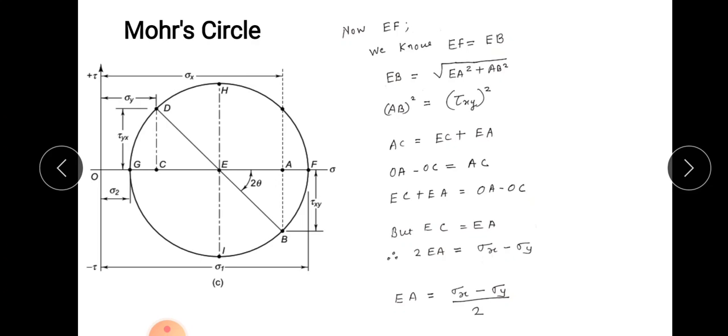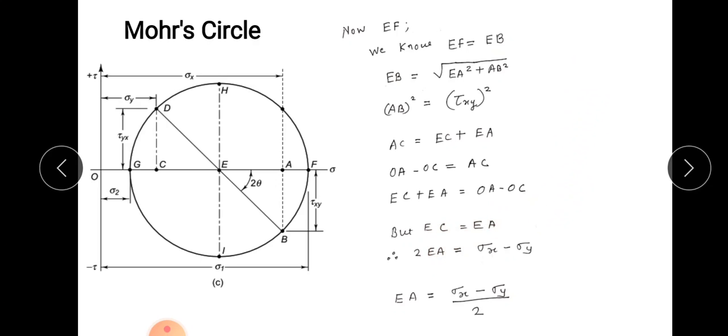But again EC is equal to EA, since the length AC is divided into two parts, EA plus EC. So you can put this in the above equation: EA plus EA becomes 2EA, and OA minus OC is nothing but sigma x minus sigma y. So you are getting EA is equal to (sigma x minus sigma y) upon 2.